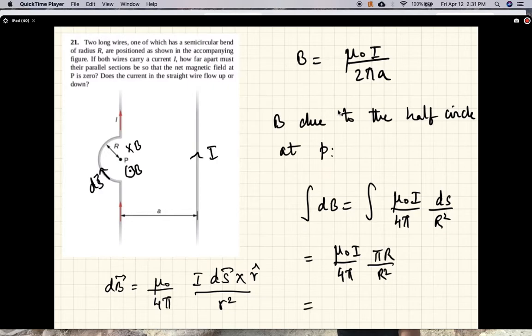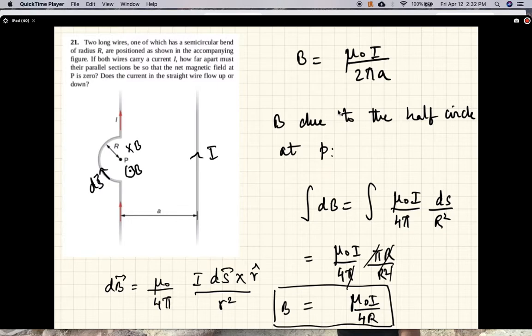So this magnetic field is, the pi cancels, one of the r cancels, mu naught I by 4r. So in a couple of problems now we have found that the field at the center of the circle produced by a semicircle is mu naught I by 4r.